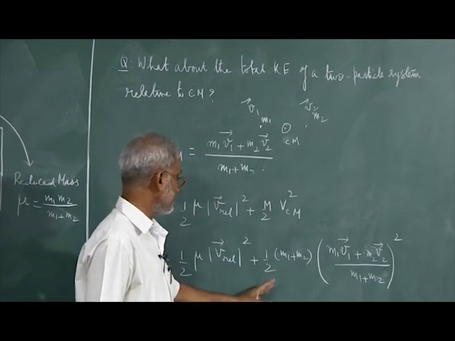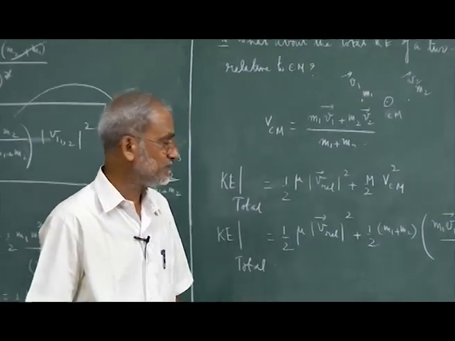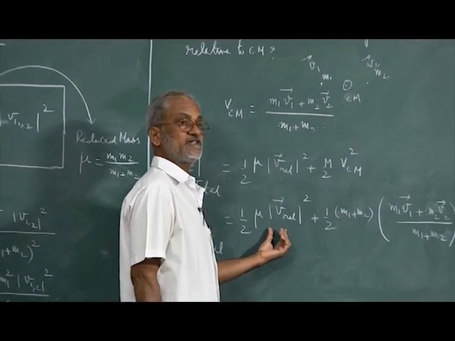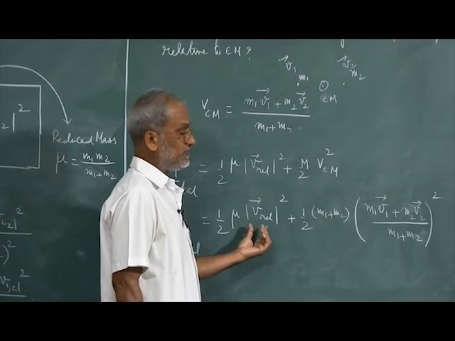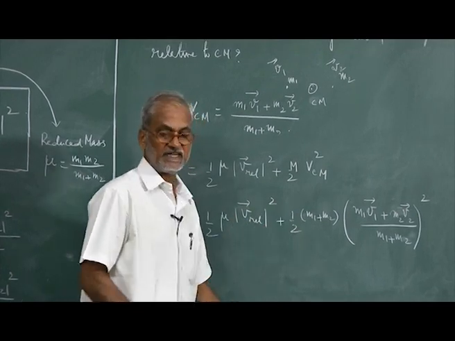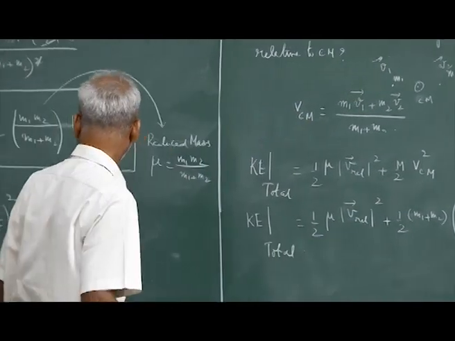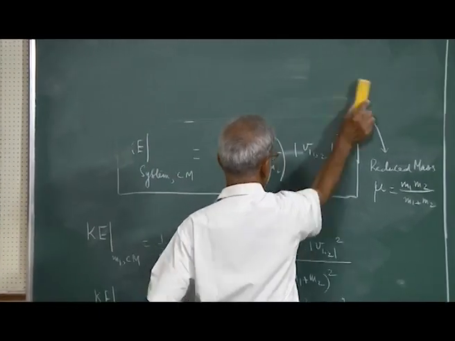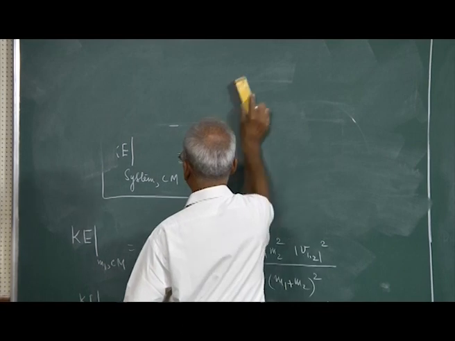Let us check whether this is correct. All we need to do is substitute for V relative in this particular expression, and then add those things, let us see what we get. We have the expressions here, therefore I need not write them again.